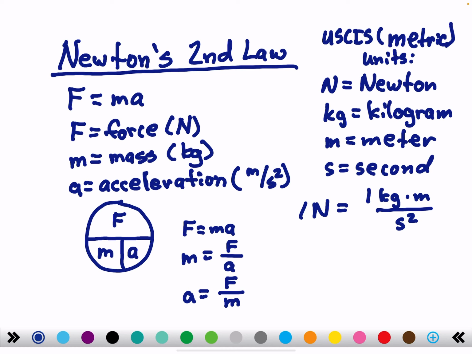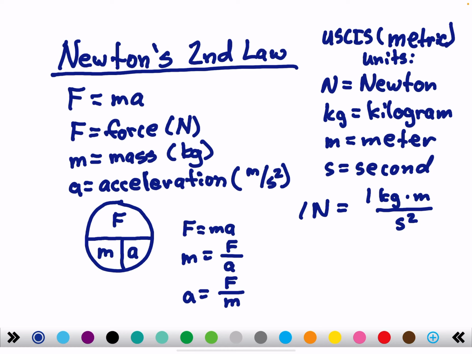We can use this circle to help us remember or derive the various forms of Newton's second law. If you cross out F at the top, you have ma on the bottom. When the variables are beside each other, that means you multiply them.